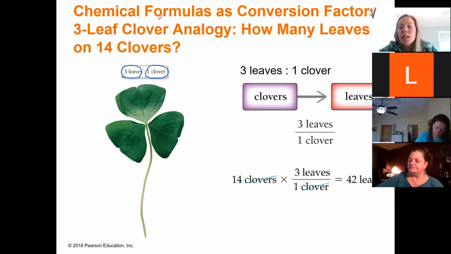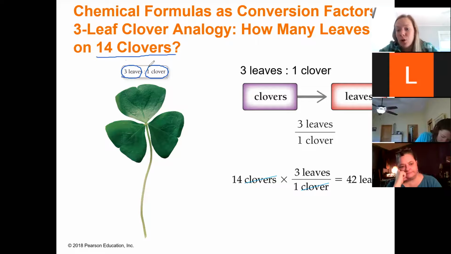So if I have 14 clovers, how many leaves would I have in total? You may be thinking, well, obviously you're just going to multiply 14 by 3. If we were to set it up in dimensional analysis, though, this would be our relationship between the whole and the individual, right? So the whole thing is the clover.